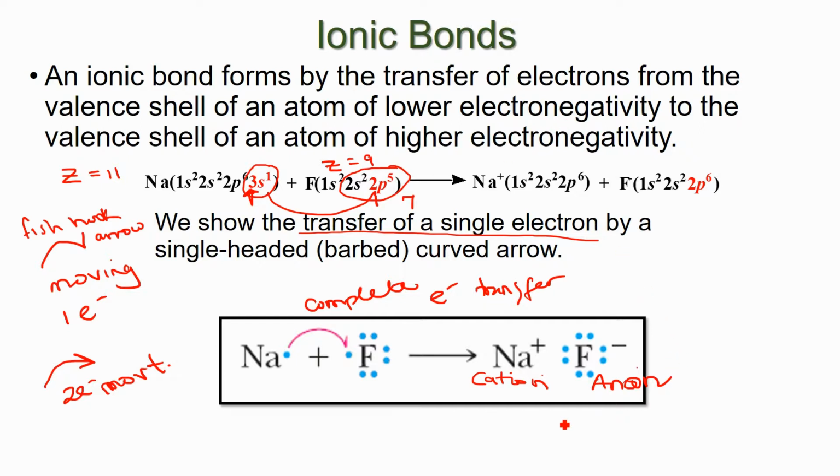Ionic bonds end up forming ions, so this is a sodium cation and a fluoride anion. You see there's no bond drawn here. That tells you the bond you're getting here is electrostatic, an ionic bond that would be expected to form, but we don't show it because these ions are floating around freely in solution.